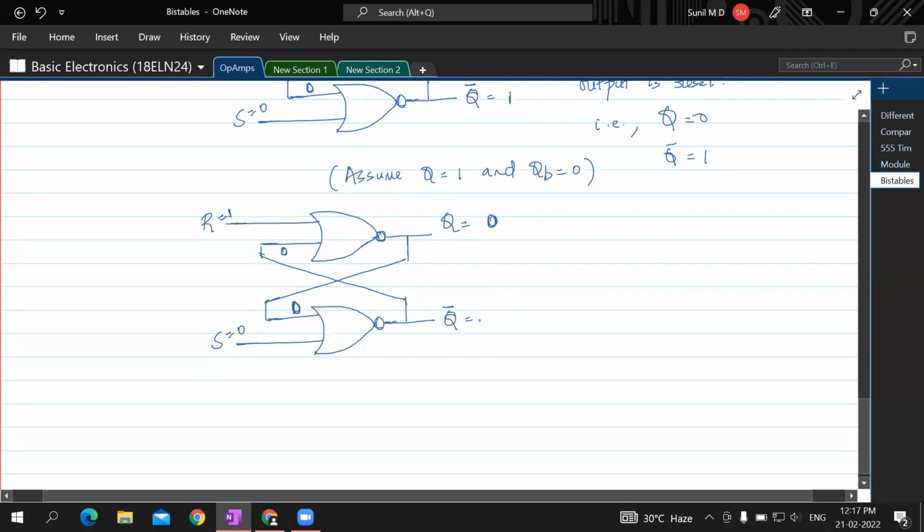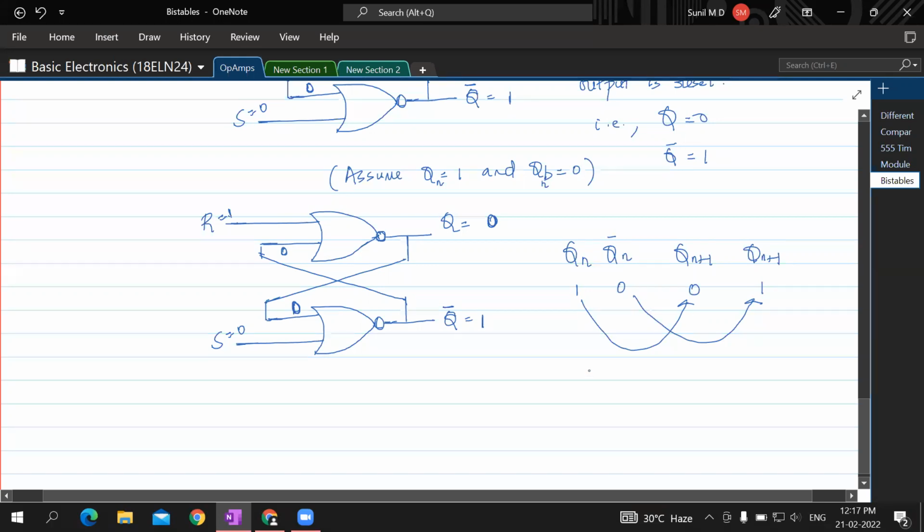That means Qn and Qn bar. So Qn is 1, Qn bar is 0. But what is Qn plus 1 and Qn plus 1 bar now? This is 0 and this is 1. So 1 became 0, 0 became 1.